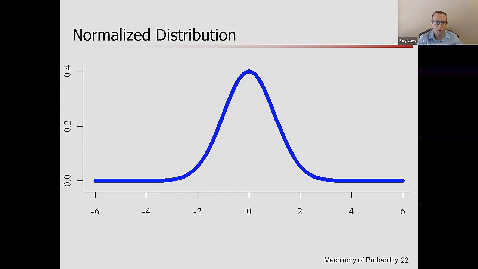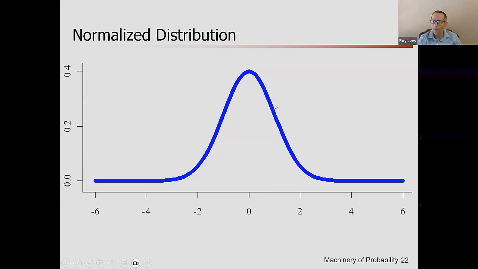Notice the values along the vertical axis. They're decimals. They're pretty small because the whole space has to integrate up to 1. What is the message of this distribution? Well, if I look at its shape, it tells me how likely certain values are to occur. Roughly speaking, values near zero are more likely.